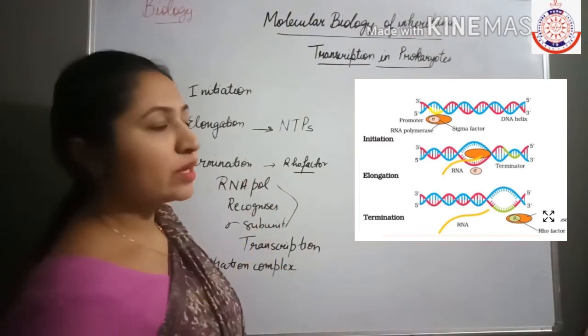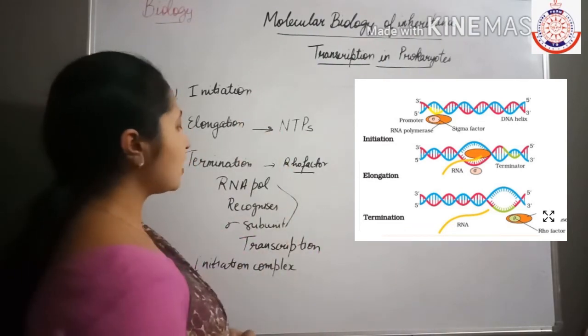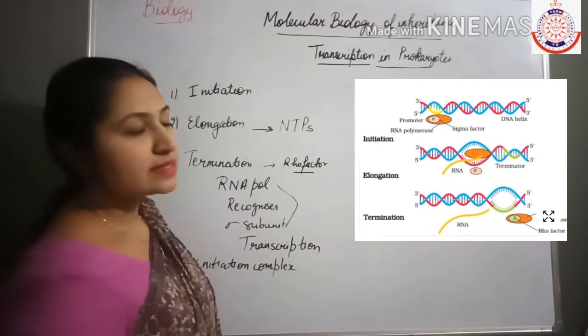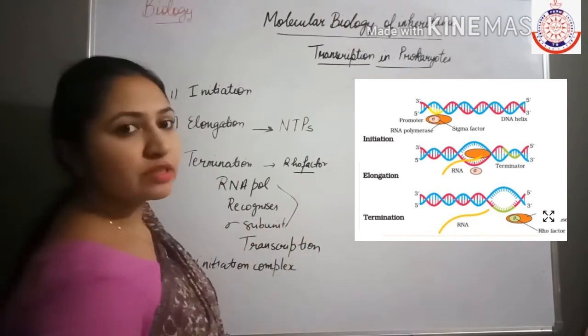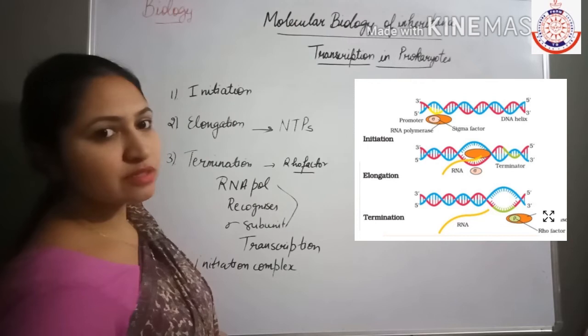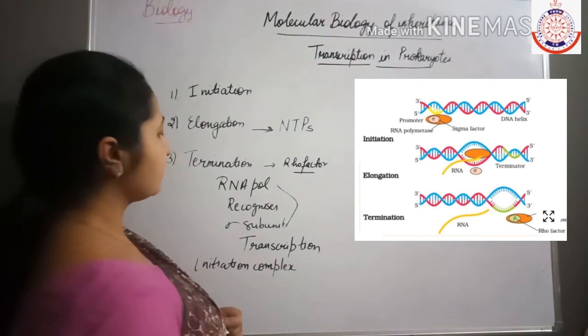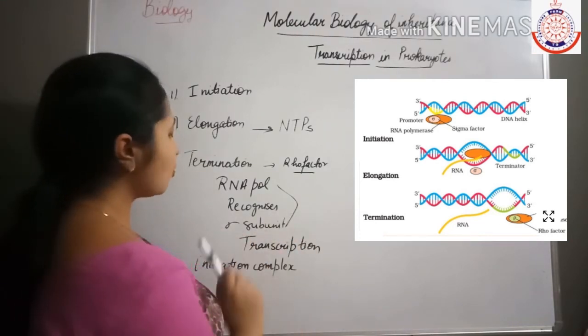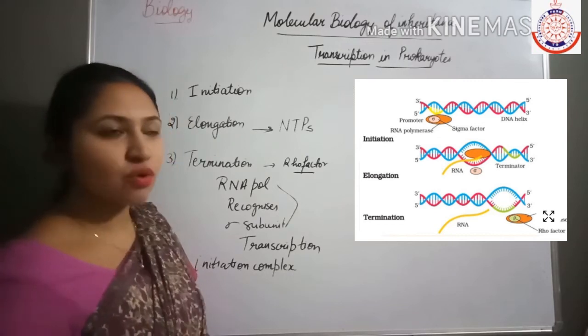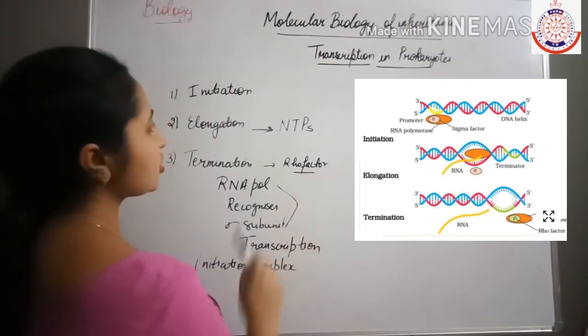See once again, what is initiation? Means when the RNA polymerase with the sigma subunit binds with the promoter region, this is known as the initiation, and this complex is known as the transcription initiation complex. And what is elongation?